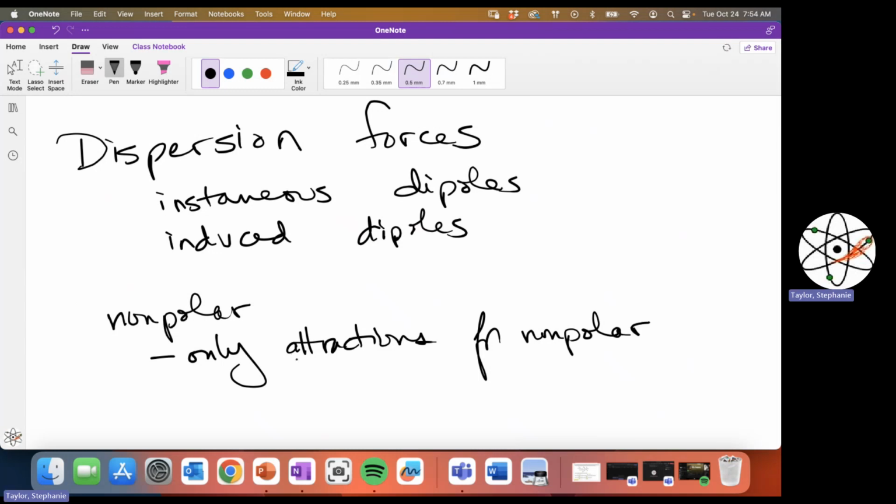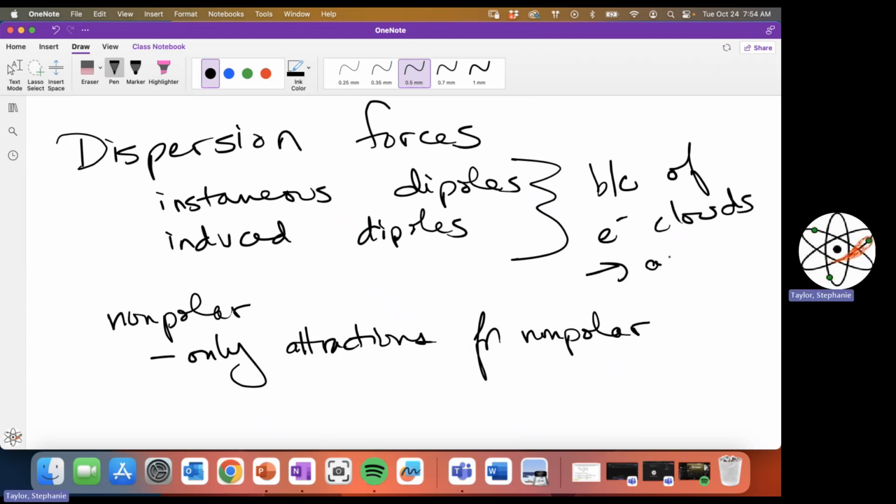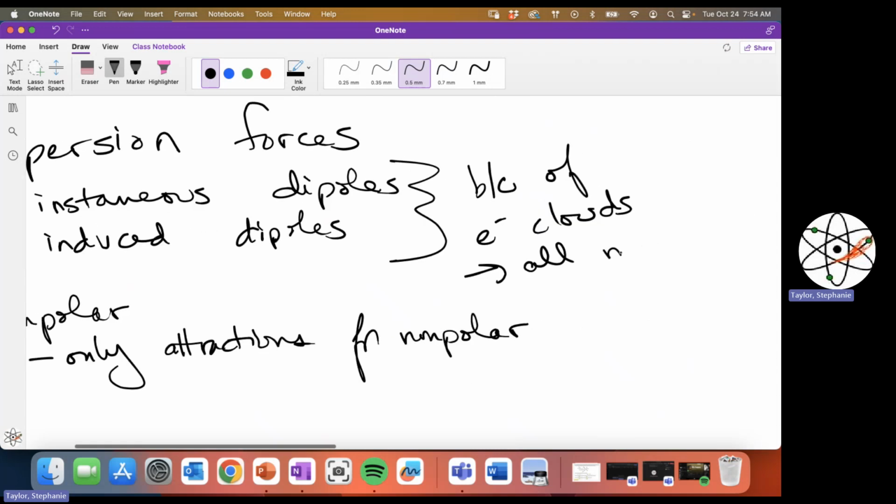But these attractions do also occur in other molecules that have dipole moments all the time. Because these are attractions that happen because of electron clouds, we do typically just say that all molecules have these, even if it's a very small part of the attraction.